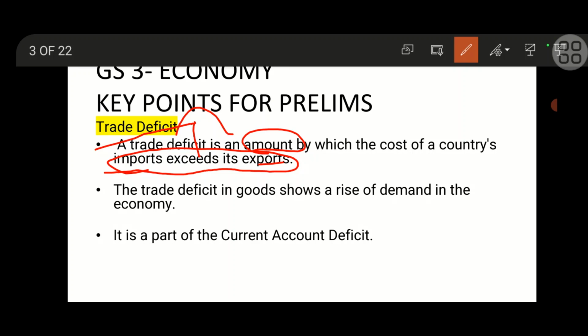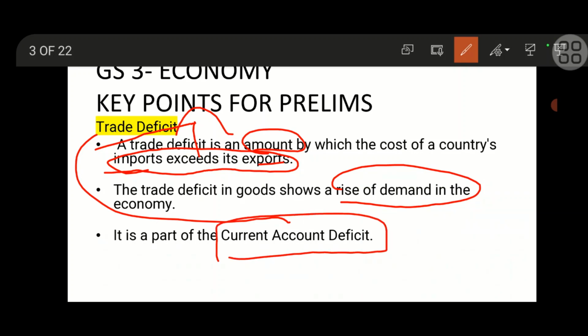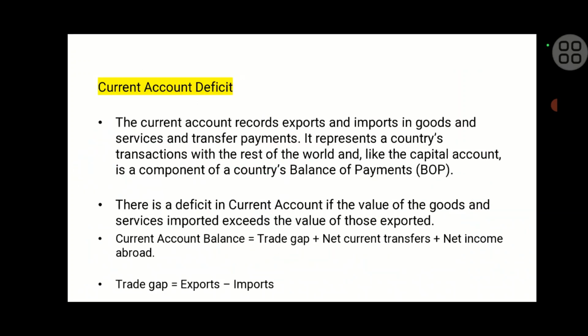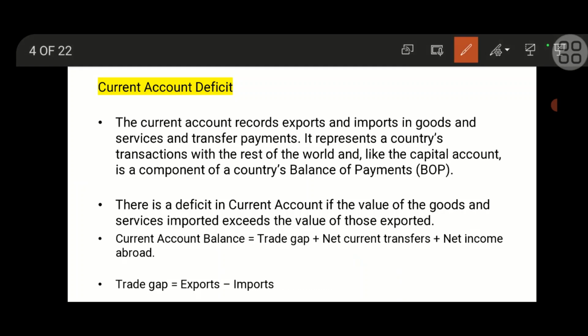So what will happen when imports exceed is there will be a rise of demand in the economy. This trade deficit is a part of current account deficit. So this is very basic. So what is current account deficit?